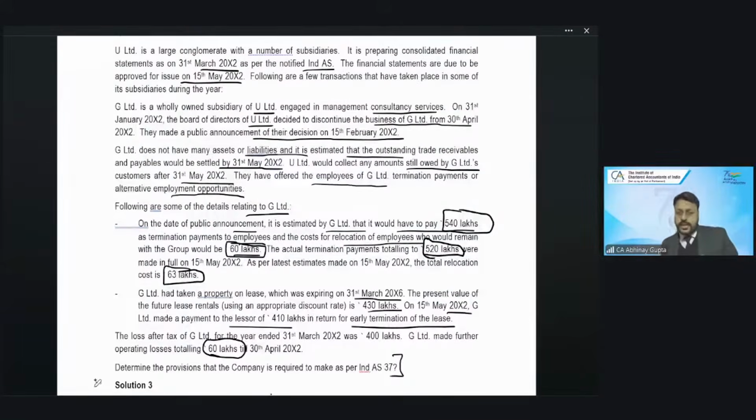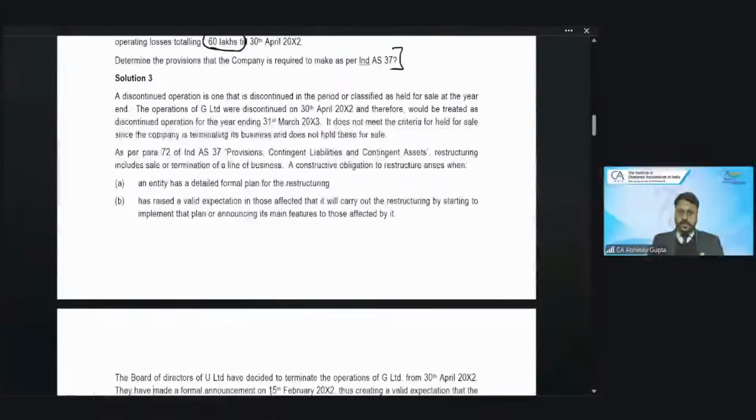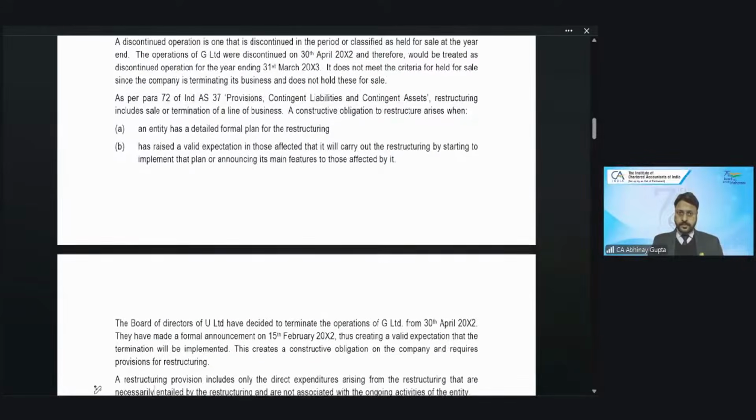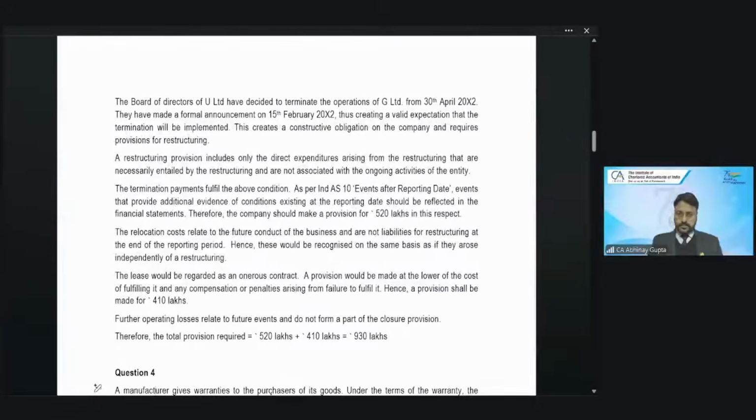Okay. Any luck with the answer? Amount of provision? Yes, sir. Sir, here a constructive obligation is there. Hence, we have to provide the provision for it, and it is a subsequent event.